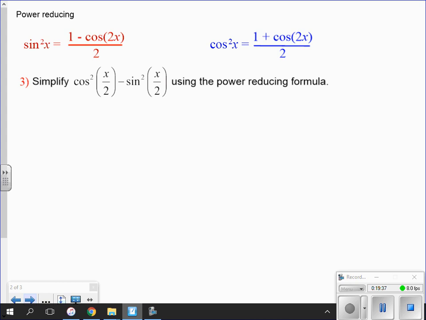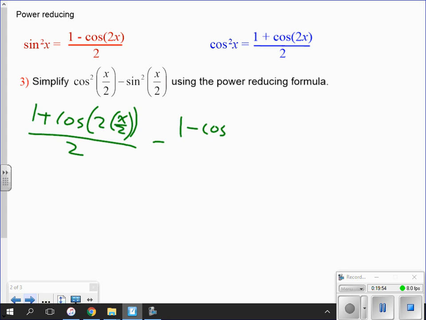Cosine squared of x over 2 is 1 plus the cosine of 2 times x over 2, all over 2. Sine squared is 1 minus the cosine of 2 times x, all over 2.